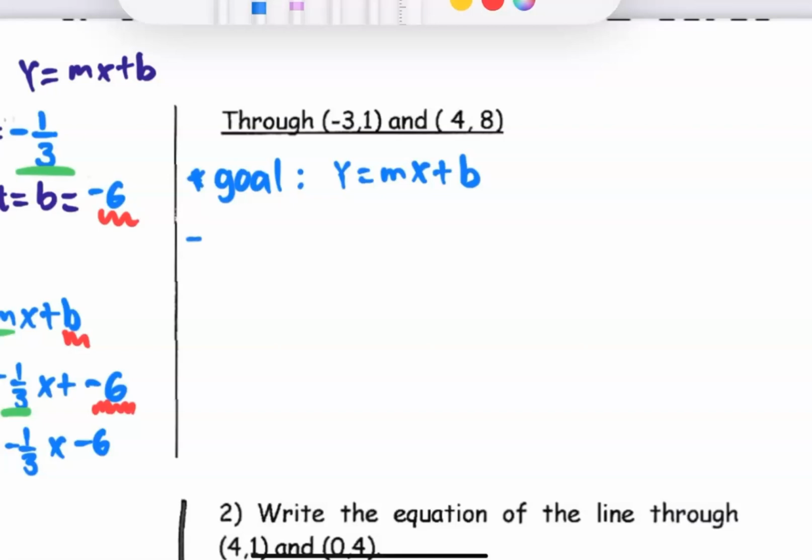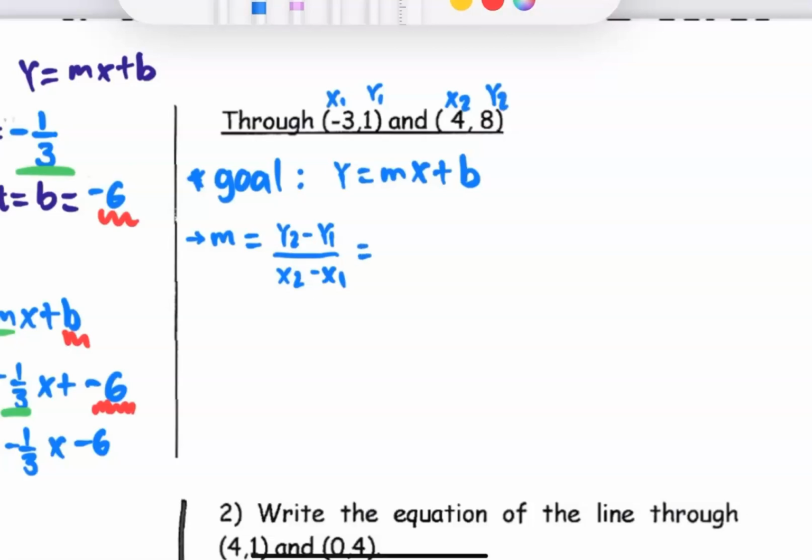So first of all, I need to find the slope. Remember, the slope is y2 minus y1, all of that over x2 minus x1. They give me this point first, so it has x1, y1. They give me this point second, so it has x2, y2.